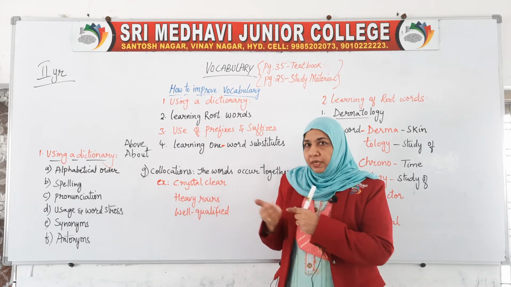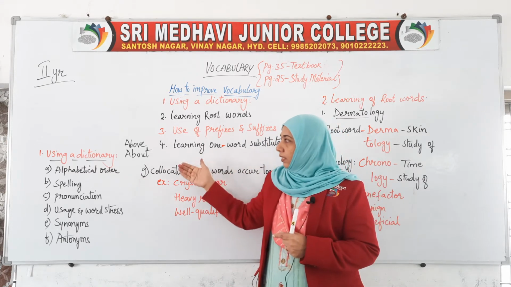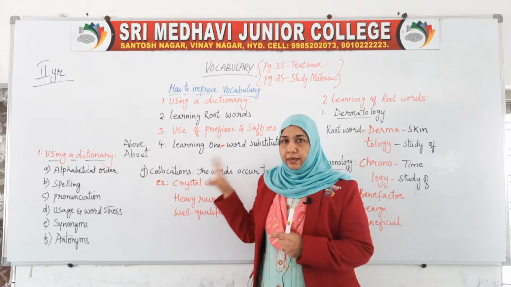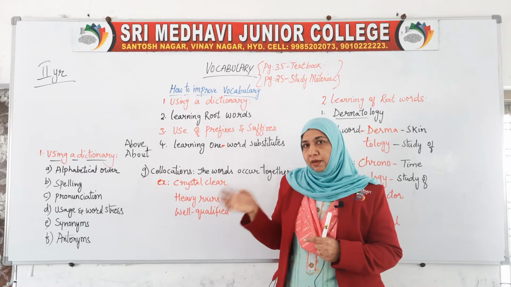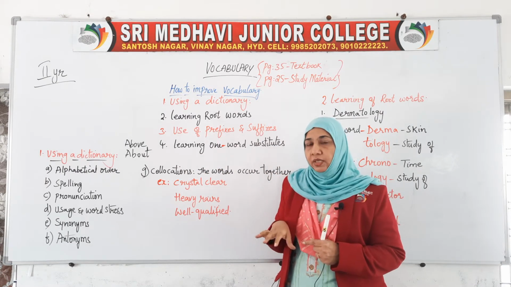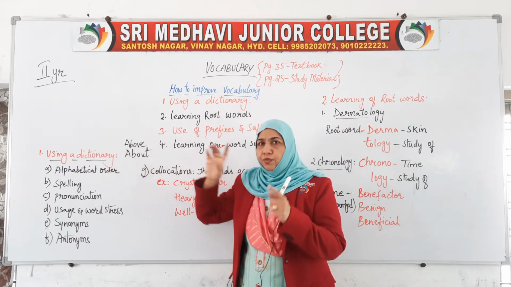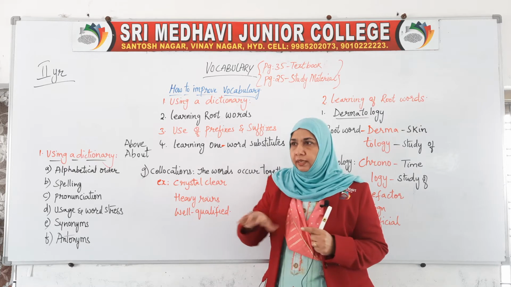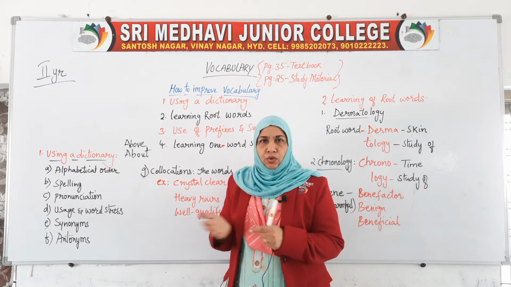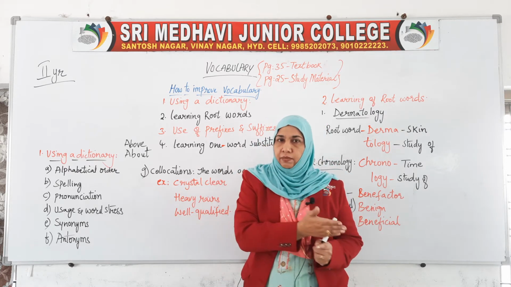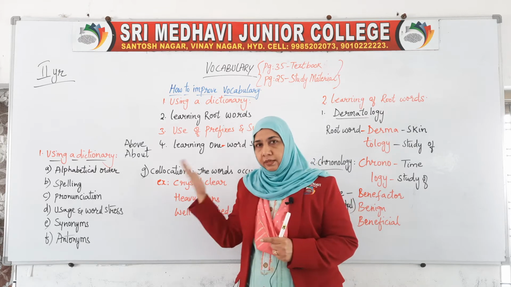Because suppose they give you certain words and say, arrange these words in alphabetical order. So how to arrange in alphabetical order? If one word is starting with A and the other is starting with R, you know very clearly that A could be first and R could be the next one.